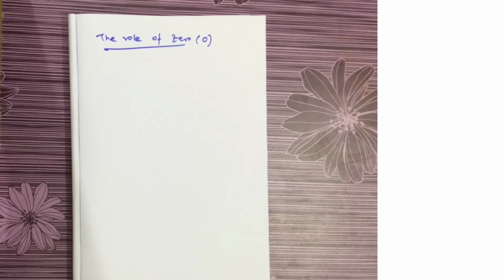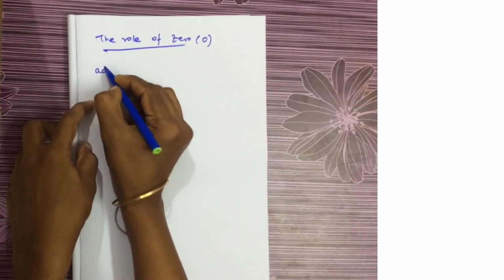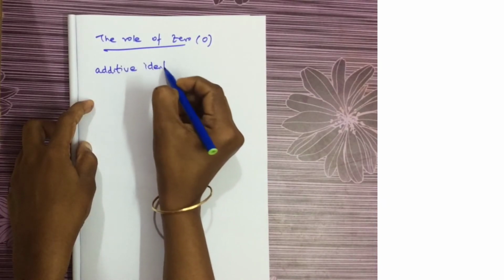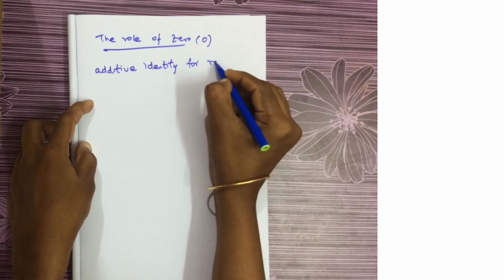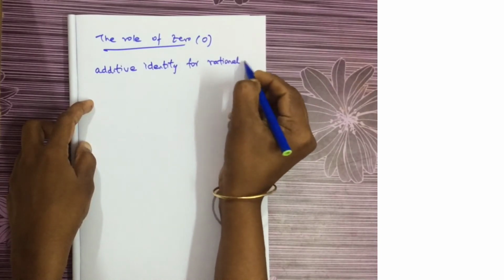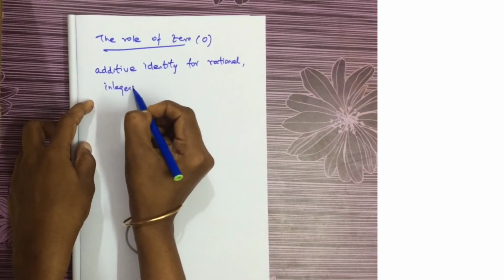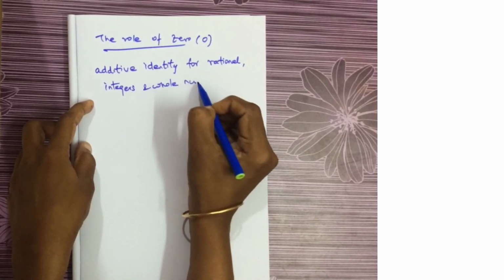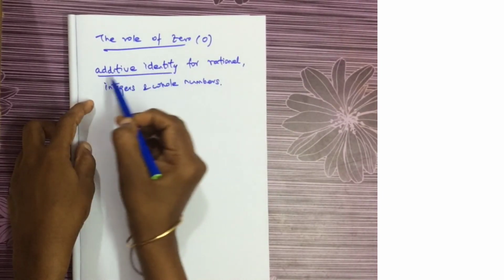So it is called the additive identity. 0 is called the additive identity for rational numbers. Not only for rational numbers, it is also for integers and also for whole numbers. Remember, 0 is called additive identity.